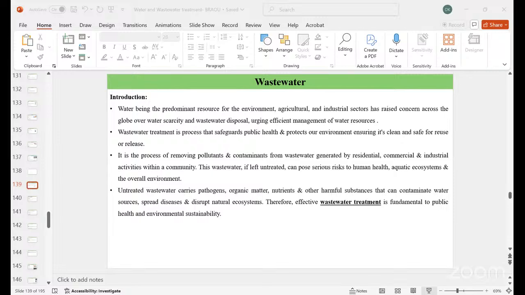The settled solids are called sludge, while the floating material is removed by surface skimmers, which remove floating materials like oil and grease, essential for preventing these materials from interfering with subsequent treatment processes.